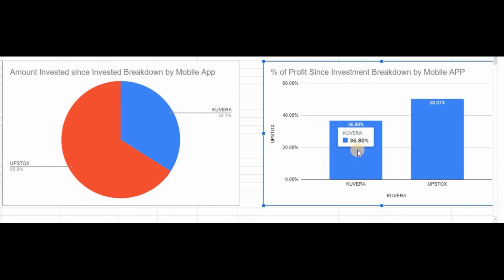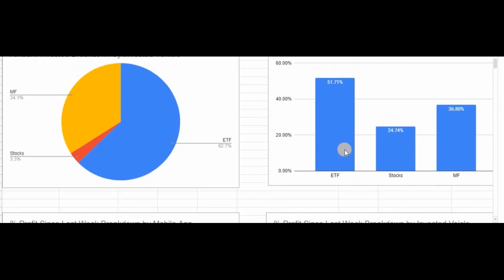The second highest profit I got is in Kuvera, that is 36.80%, and the second highest amount I invested is in Kuvera, that is 34.1%. That means according to my investment, it is showing correct, because I invested more in Upstox, so Upstox is showing more profit, and I invested the least in Kuvera, and it is showing the second highest profit to me, right?